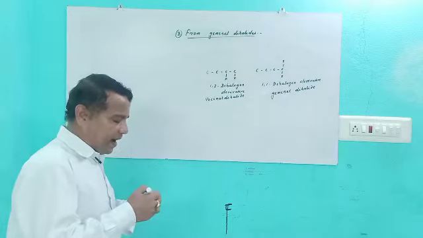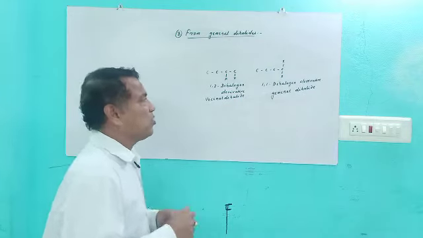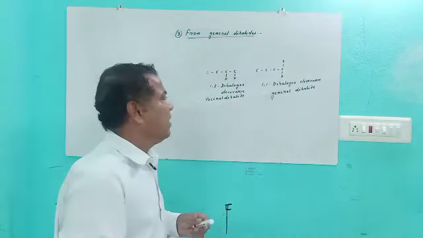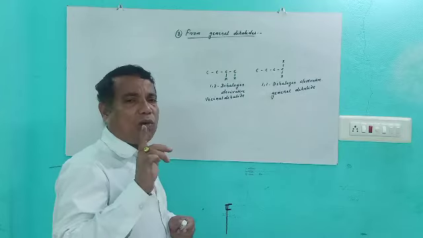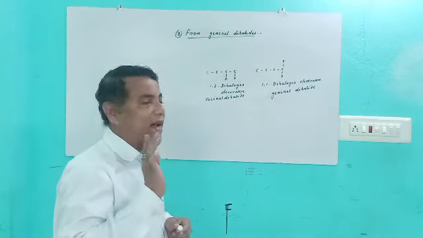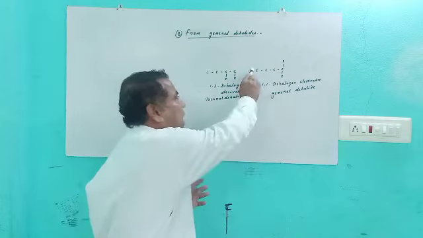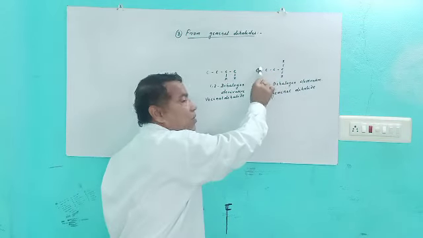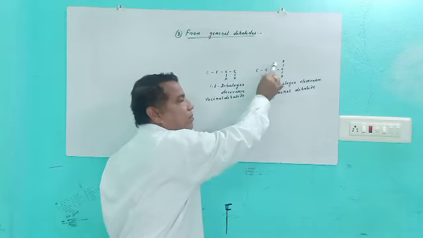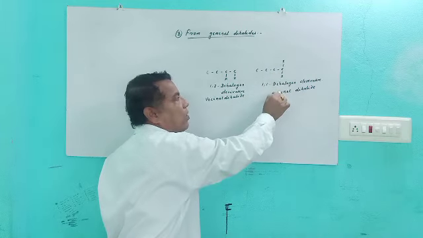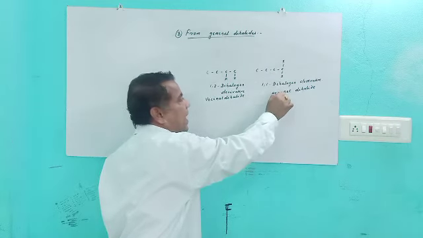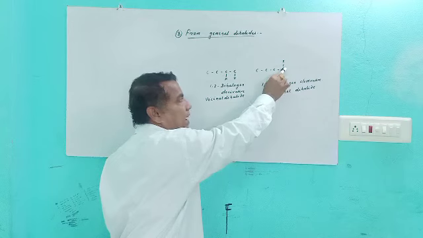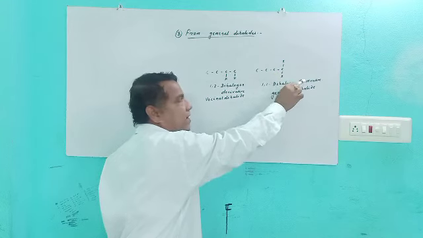A geminal dihalide is also of two types. If two halogen atoms are directly linked to the terminal carbon atom, either the last one or the first one, it is called a terminal geminal dihalide.